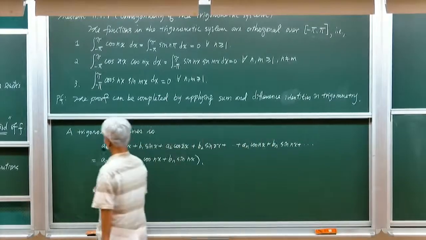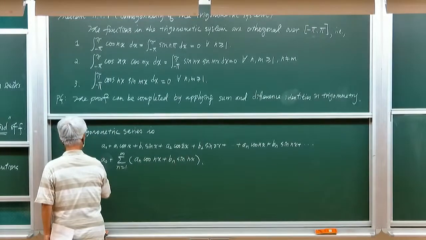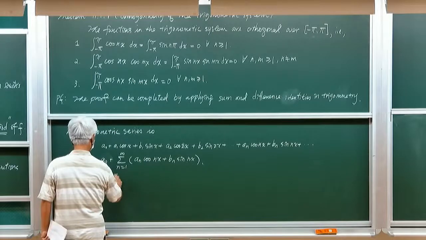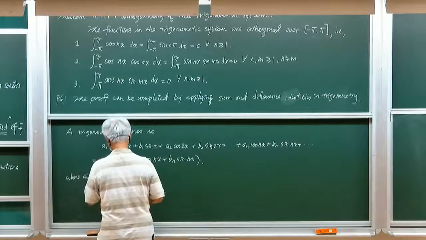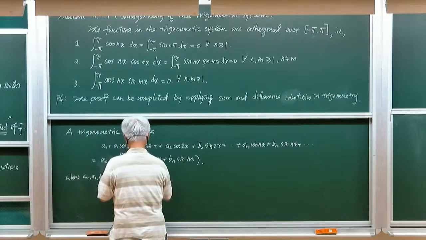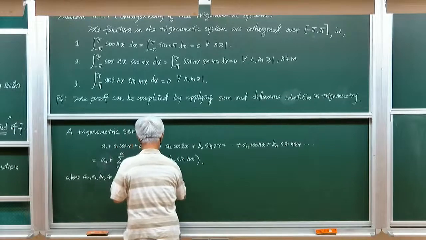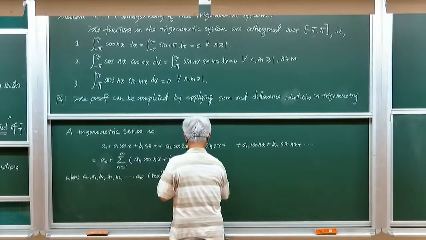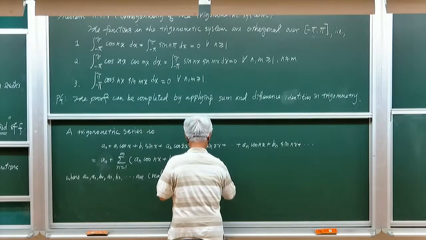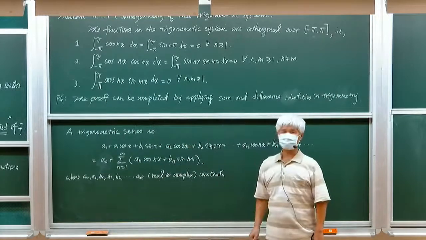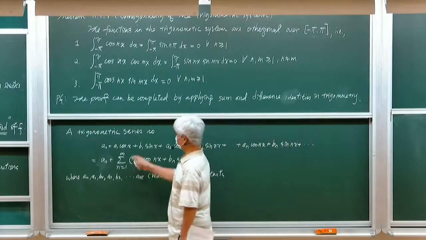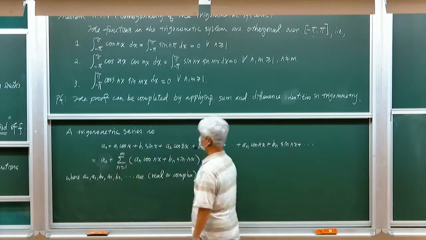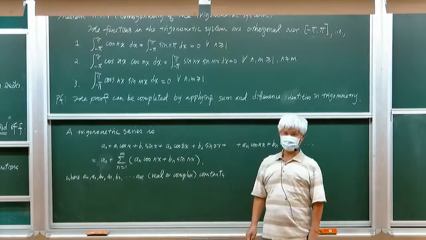Okay, so here, where A0, A1, B1, A2, B2, etc. are constants, we call them coefficients of the trigonometric series.